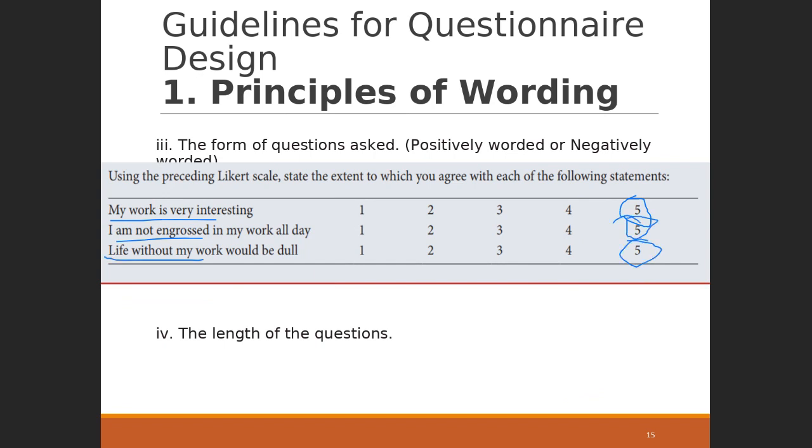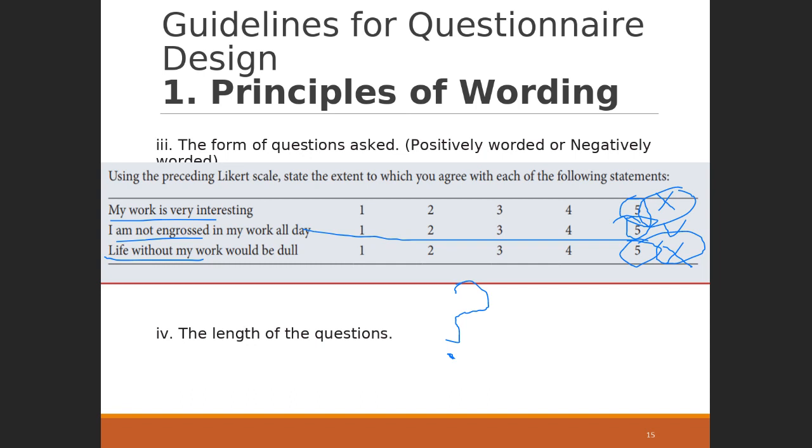Now, this is a very questionable response, because if this is correct, if he or she is not engrossed in the work all day, then either he is lying here or lying here, because if this is correct, then this cannot be correct, and this cannot be correct. So this is something which you need to take into consideration. You need to design both types of questions, and it will help you check whether the questionnaire has been responded to attentively or not.